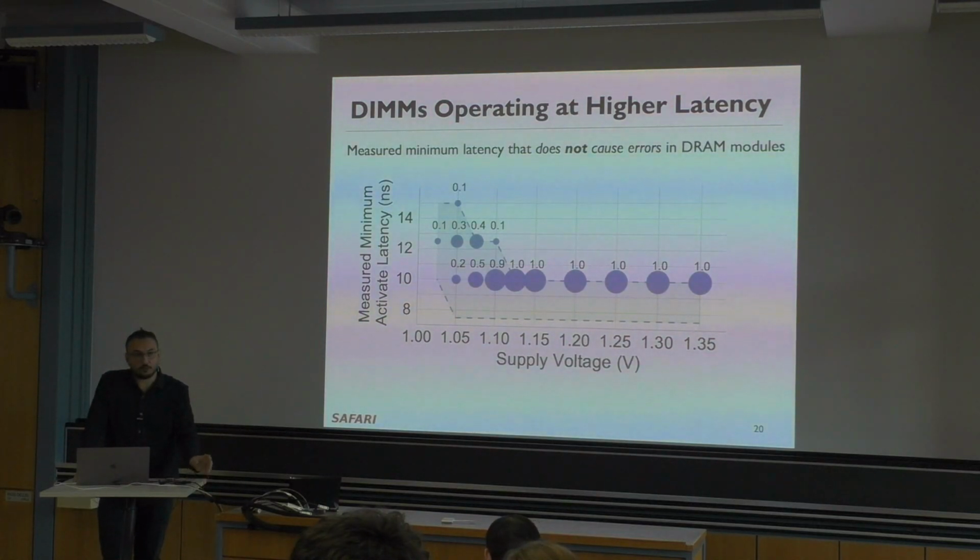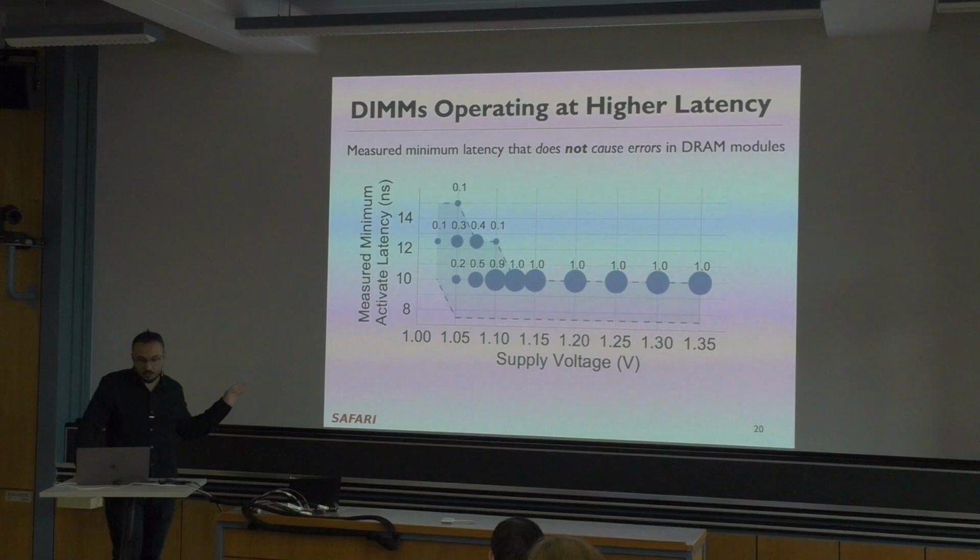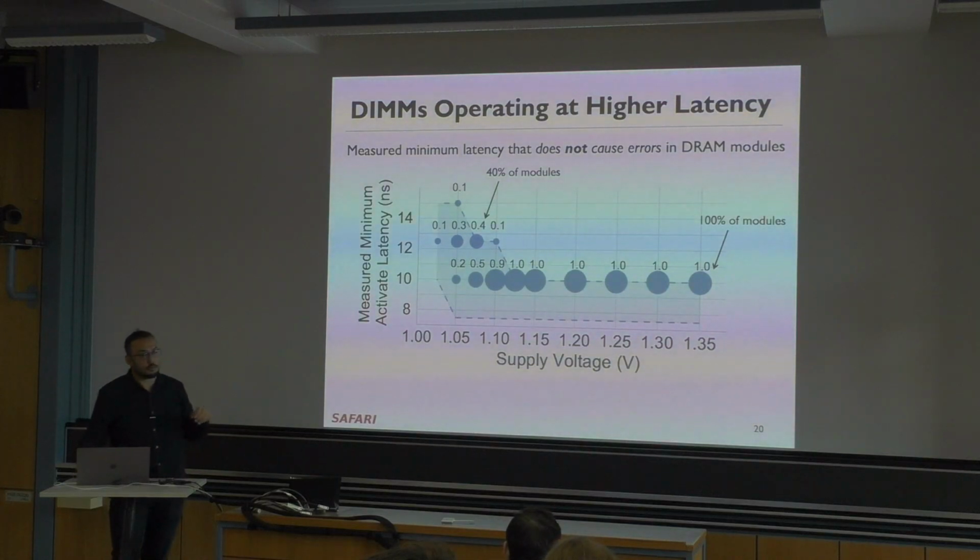This comes from one of the vendors for brevity and simplicity. From 1.35 volts to 1.15 volts, this should be vendor A or B, right? Actually at 1.125 volts, you have 100% of the chips working, because all the population is there.